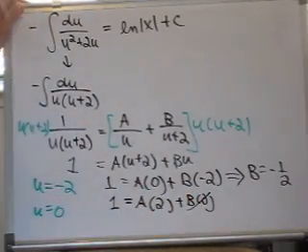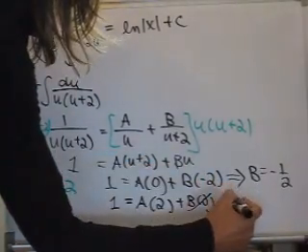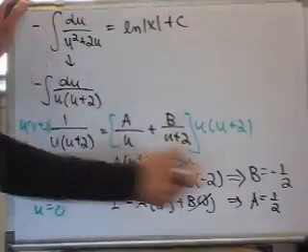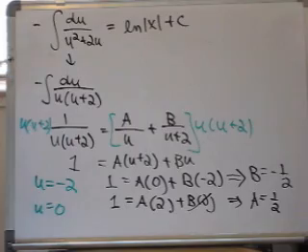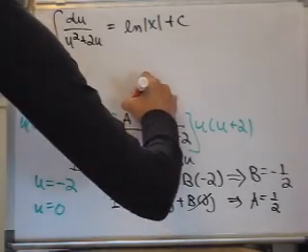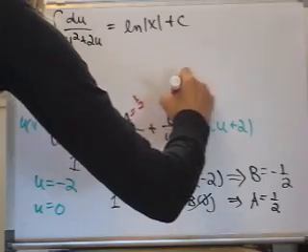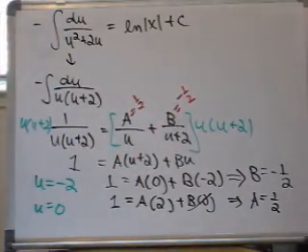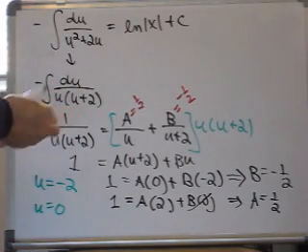So this term goes away. So I get 2a equals 1, which tells me that a equals 1/2. So a is 1/2, b is -1/2, and now I can integrate. These are going to integrate as natural log of what's in the denominator.